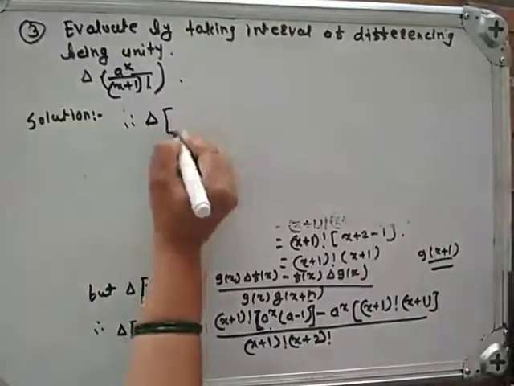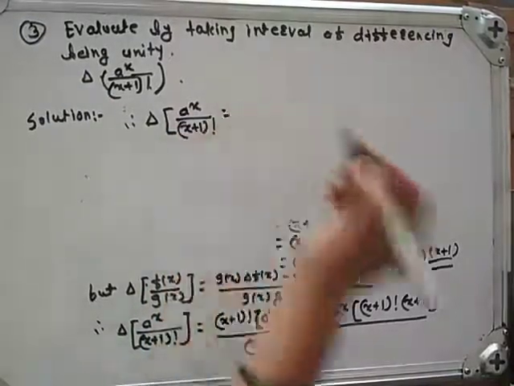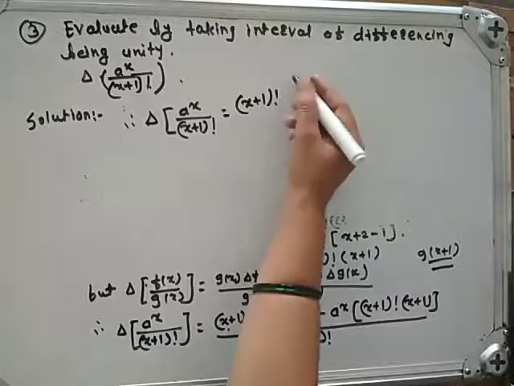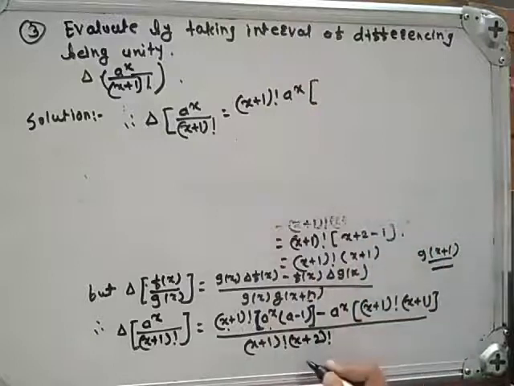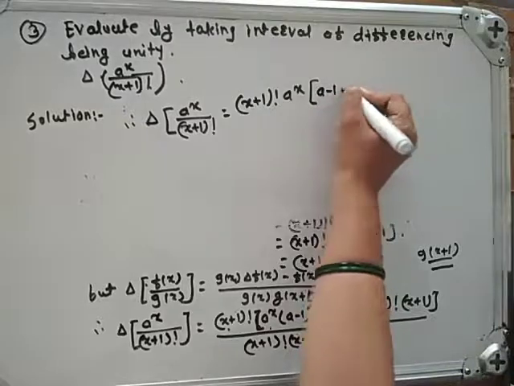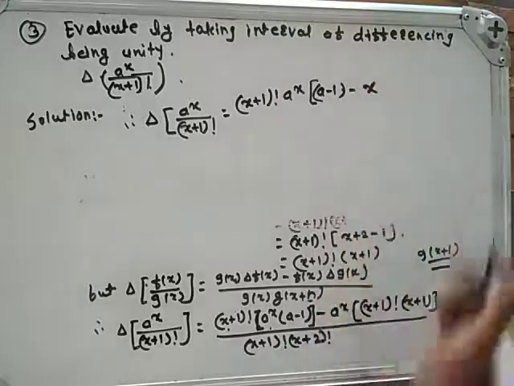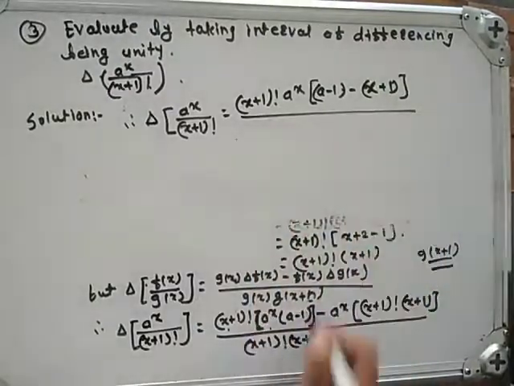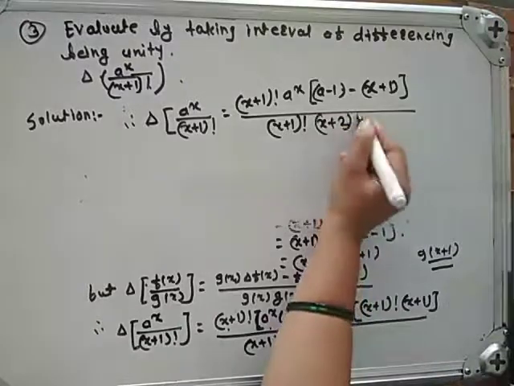therefore delta of a raised to x upon x plus 1 factorial is equal to x plus 1 factorial into a raised to x is common, in bracket remains a minus 1 minus x plus 1, bracket complete, upon x plus 1 factorial into x plus 2 factorial.